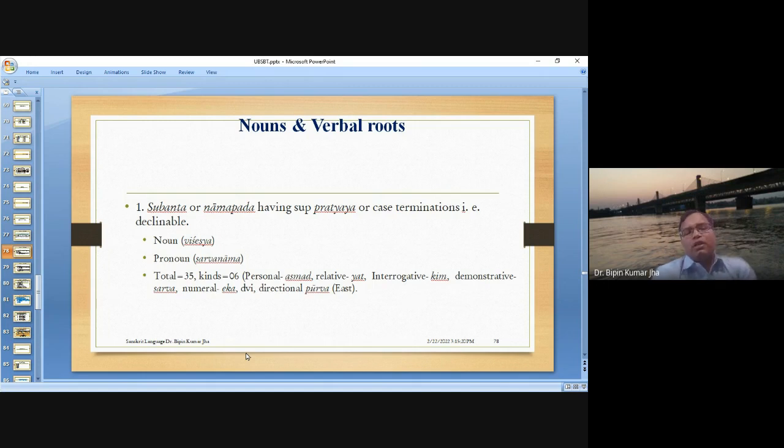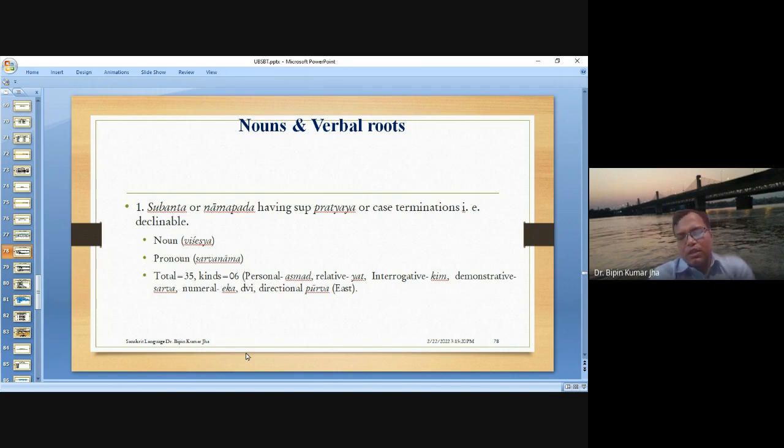But normally, you should understand that whenever you are talking about Sanskrit words, there are only four categories. The first one is Nam, that includes noun, pronoun and all these things. The second one is Akhyat, which indicates the verb.